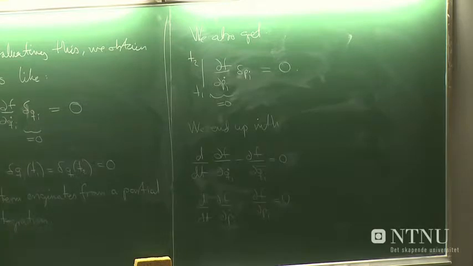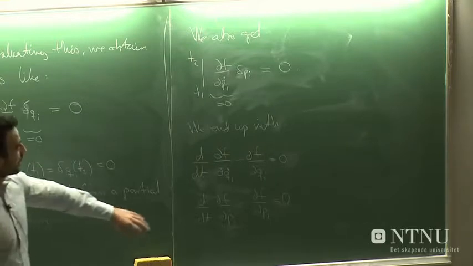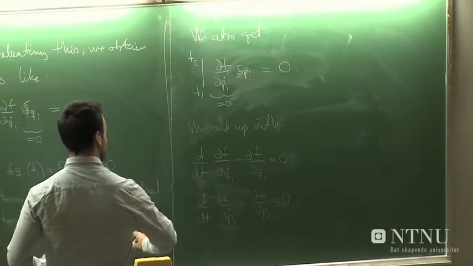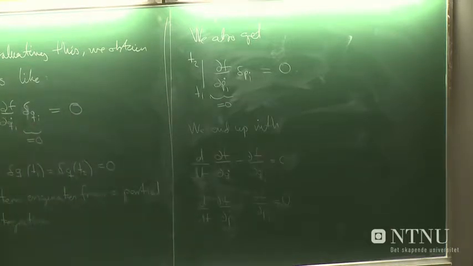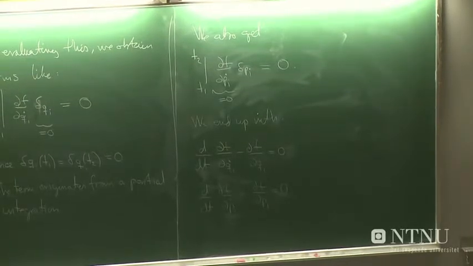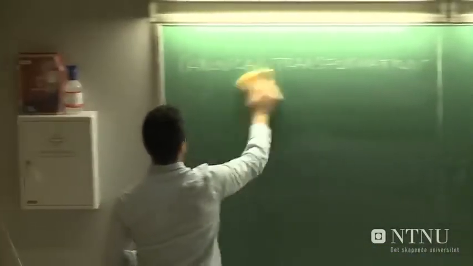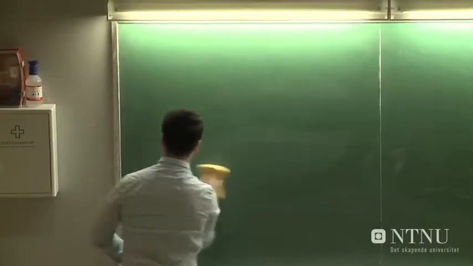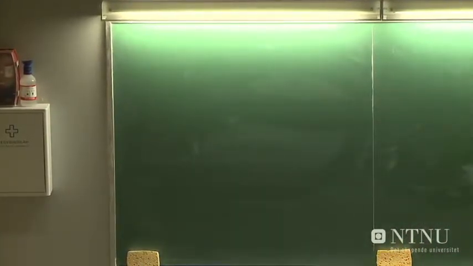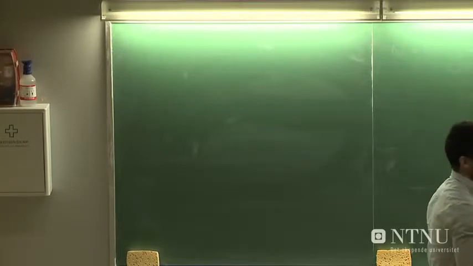So by just going through the same steps as we did for the derivation of the Euler-Lagrange equations, we find these two decoupled equations. And we can evaluate what these equations are because we know f.